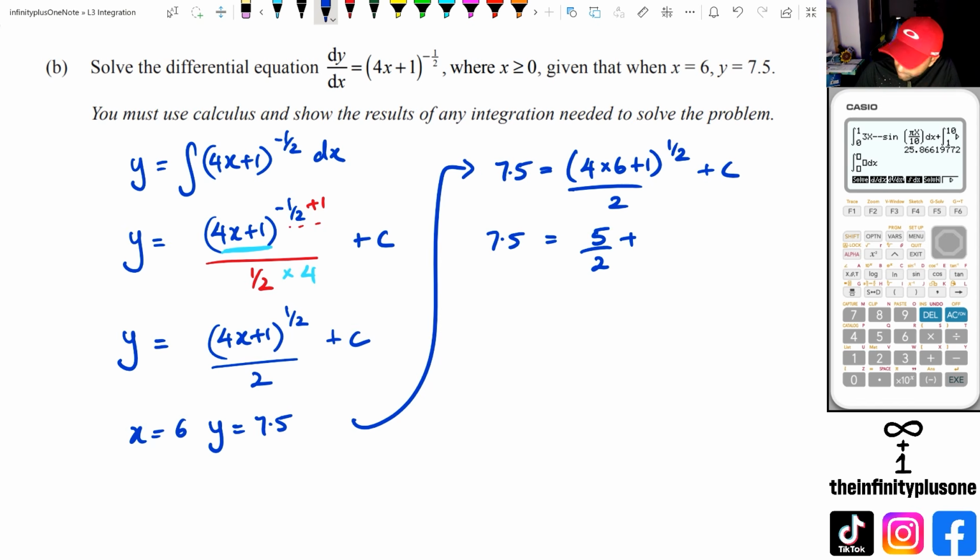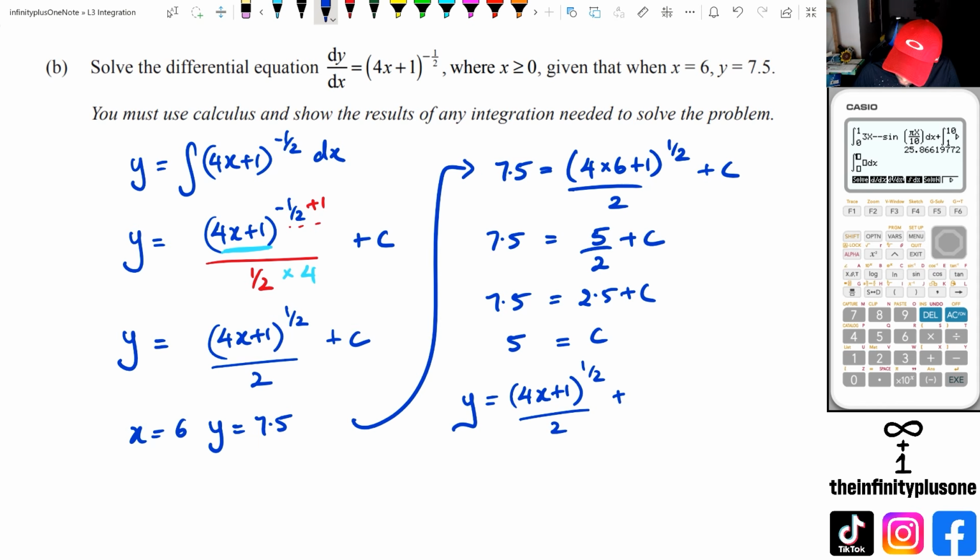So we've got 5 over 2 plus c, and then 7.5 equals 2.5 plus c. So c is equal to 5. Our equation is y equals (4x+1)^(1/2) divided by 2, plus 5. This question is just an achieved question, folks, because all it is asking you to do is integrate and find the c value.